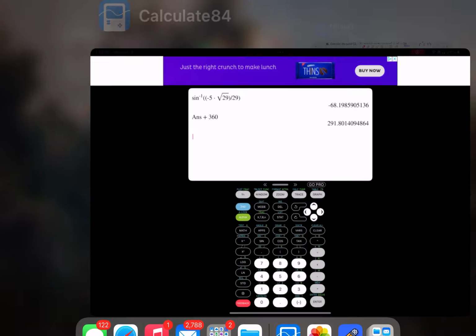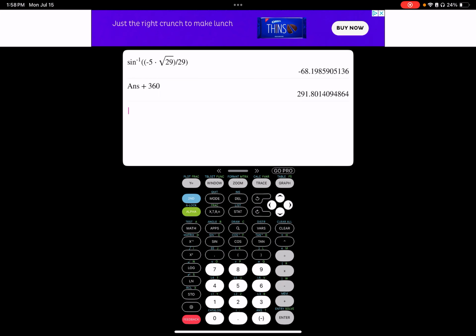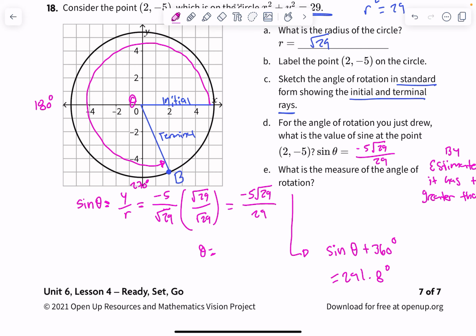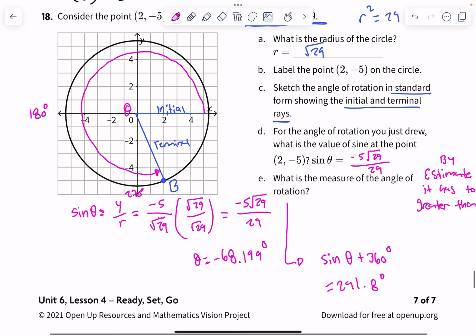Theta was equal to negative 68.199 degrees, let's just call that. So that doesn't make sense, right? I want to have a positive angle, so I added 360 degrees to it. Because here, sine is supposed to be negative, so we're in that quadrant.